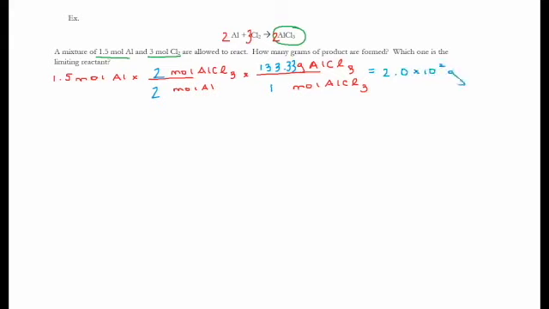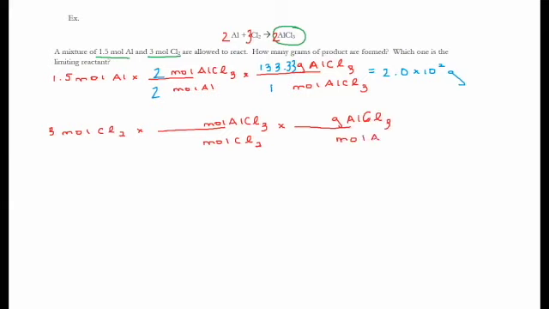Now I'm going to do the exact same thing, but I'm going to do it for chlorine now. So I have 3 moles of chlorine, and I'm going to convert that into first moles of aluminum chloride and get rid of moles of chlorine on bottom. And then I'm going to get into grams of aluminum chloride, moles of aluminum chloride on bottom.